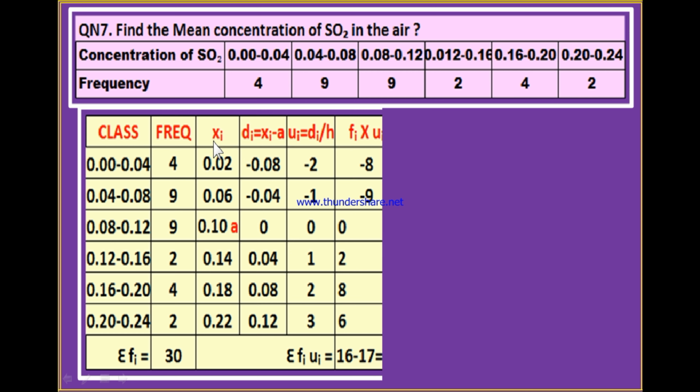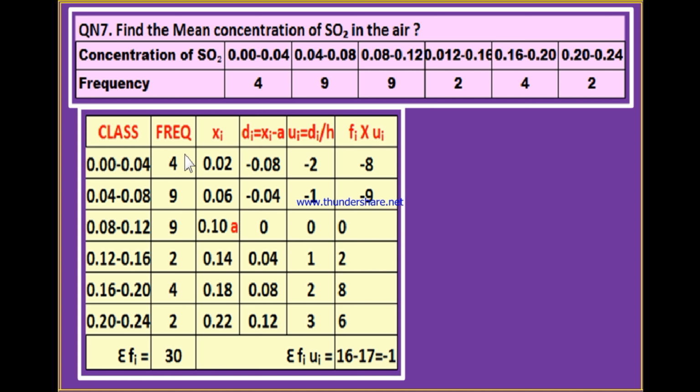Mid value or class mark. Mid value or class mark of any class can be obtained by finding the average of the lower and upper boundary of the particular class. Here, if you consider the first class, the lower boundary is 0.00 and the upper boundary is 0.04. If you add both, you will get 0.04. Now, what is the average?